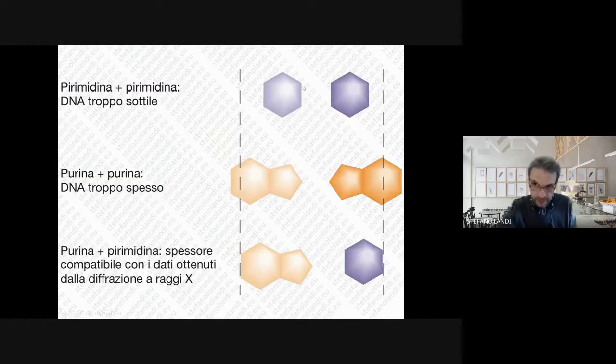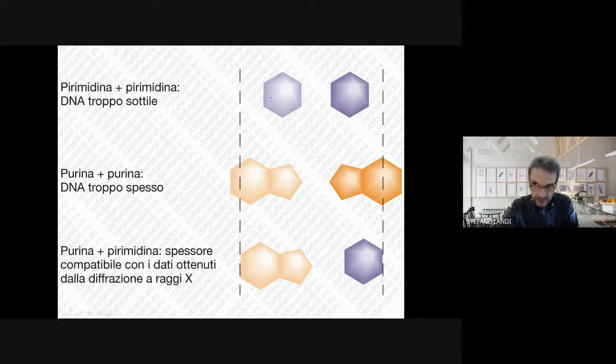One of the reasonings that helped to construct the good model was the distance between atoms obtained by crystallography and X-ray diffraction. If you pair two pyrimidines or two purines, you don't have the correct spacing between the two strands.